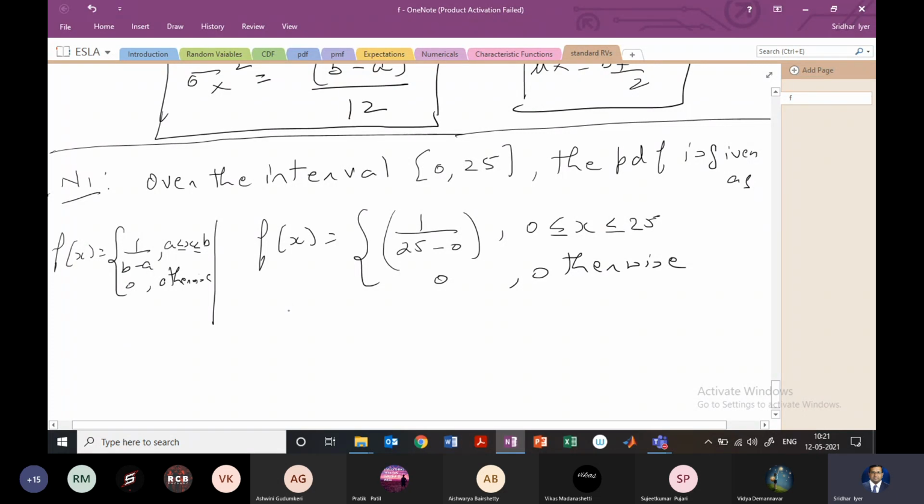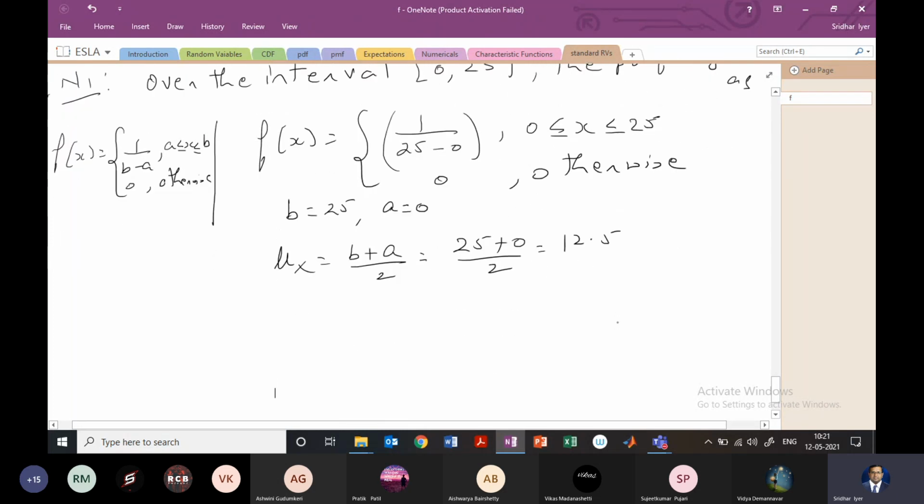So in this case, b is 25 and a is 0. Therefore, you can find the mean value, which is (b plus a) divided by 2. So you'll have (25 plus 0) divided by 2. So you'll get 12.5, right?